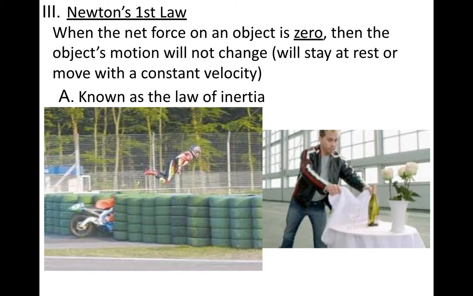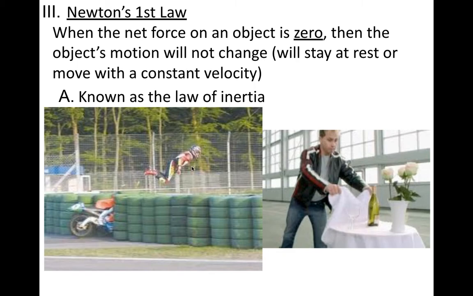What that means is it can do one of two things for us. It's really three, but we're just going to keep it to two. One, it can stay at rest, not moving. An object at rest stays at rest. Or it can continue to move with a constant velocity. This is known as the law of inertia because it wants to keep doing what it's already doing.